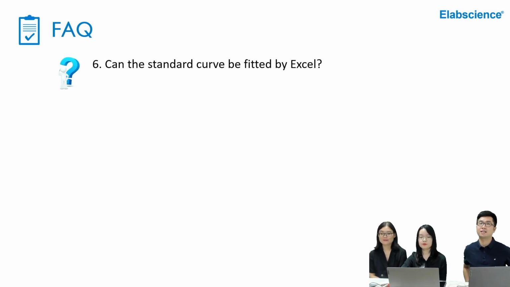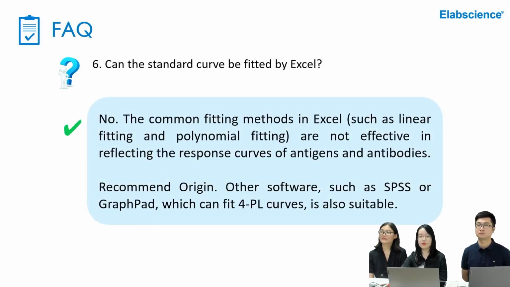All right, then let's see the last commonly asked question, question number 6. Can the standard curve be fitted by Excel? No. Although Excel is the most common curve fitting tool, it's not recommended to use it to fit the ELISA standard curves, since the common fitting methods of it, such as the linear fitting and the polynomial fitting, are not effective in reflecting the response curves of the antibody and the antigens.